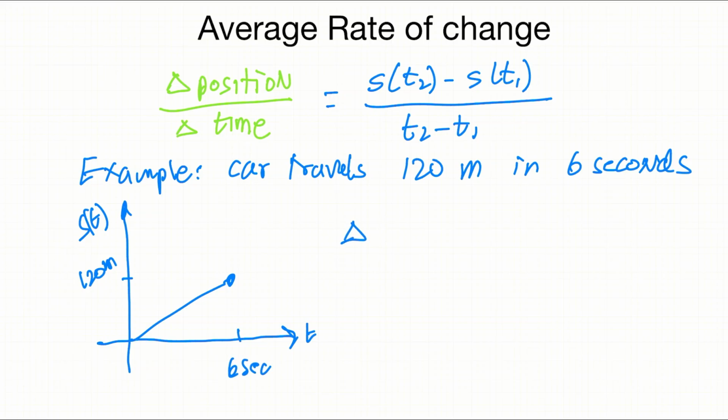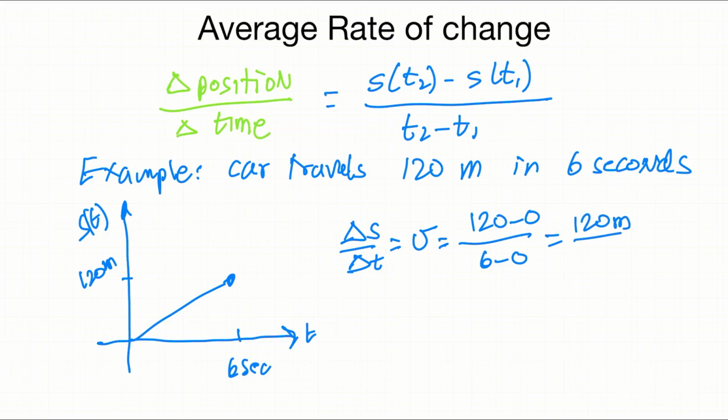So our change in position divided by change in time, which we call a velocity, is equal to 120 minus 0 divided by 6 minus 0. That's 120 meters divided by 6 seconds. That gives us a velocity or rate of change over that interval. Looking just at this interval right here, it is 30 meters per second. So there's an example of average rate of change.